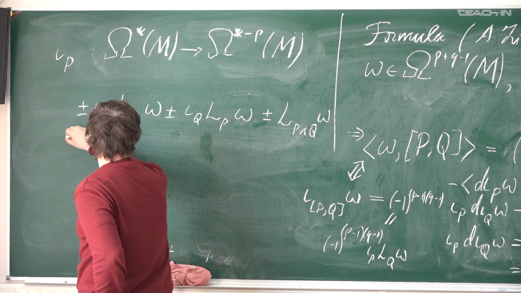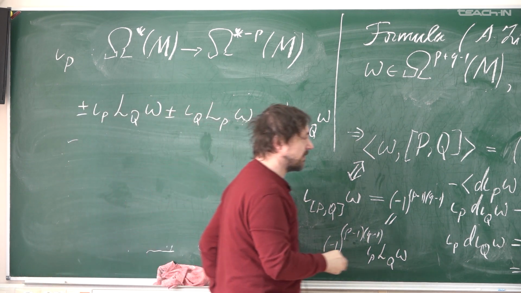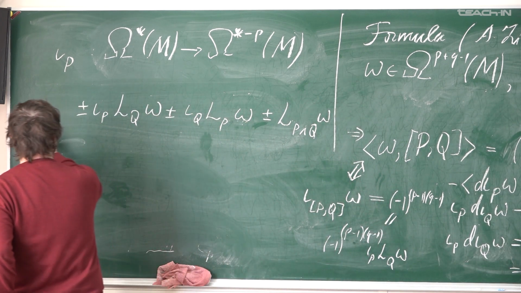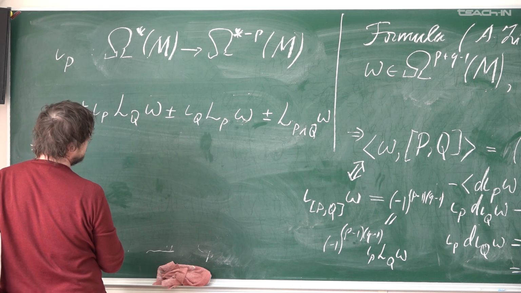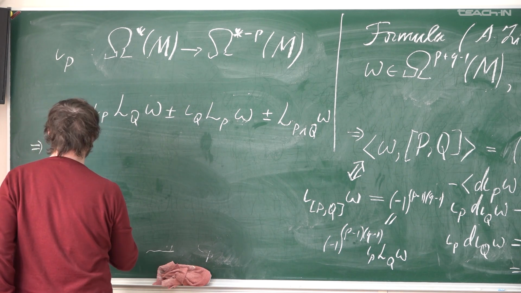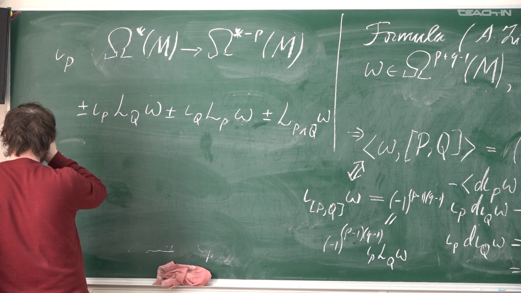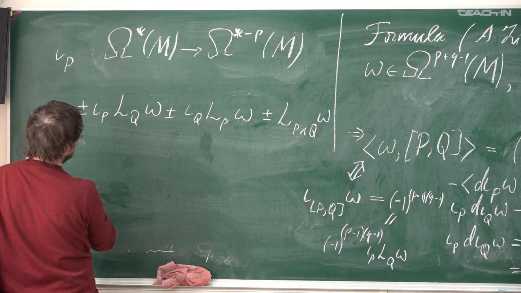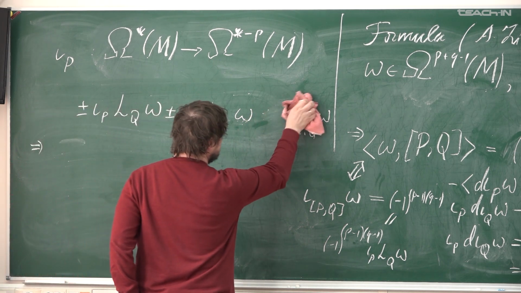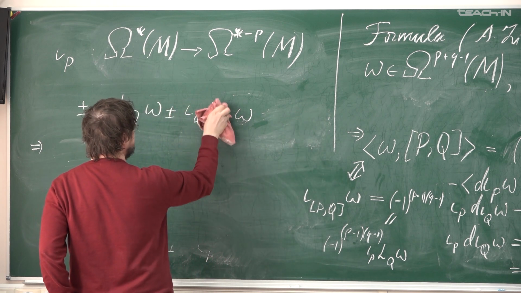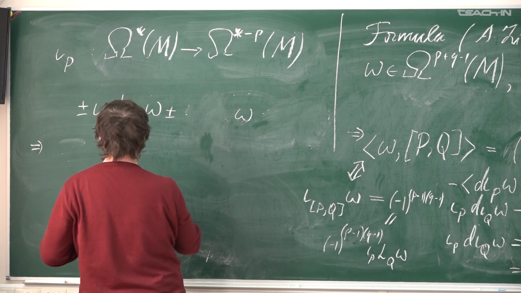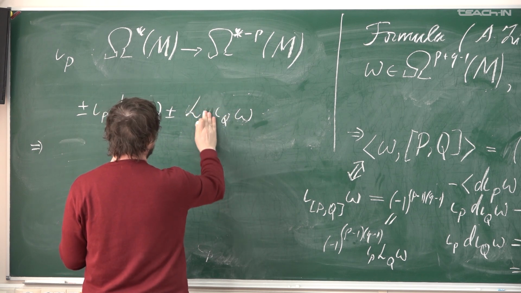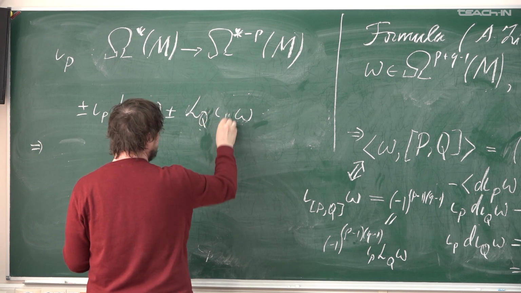That's what we get. So the right-hand side here can be contracted to something like this. And then, if everything is correct, I think it is even without the last term. Yeah, something like I_Q, I_P.